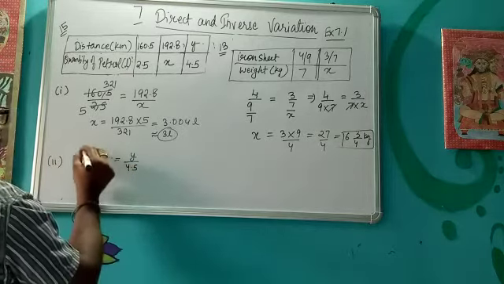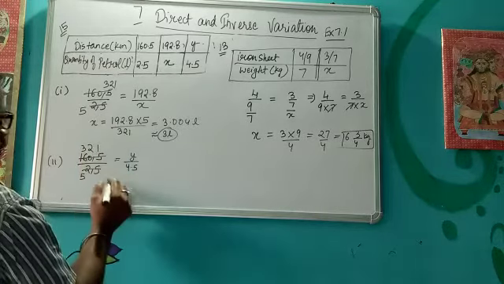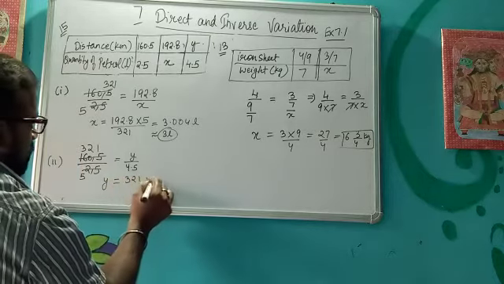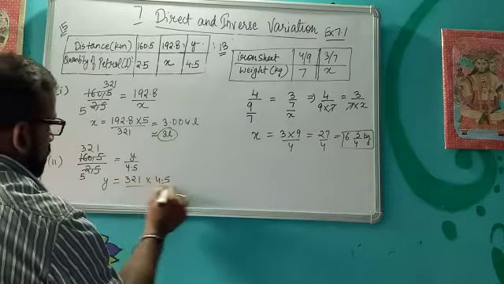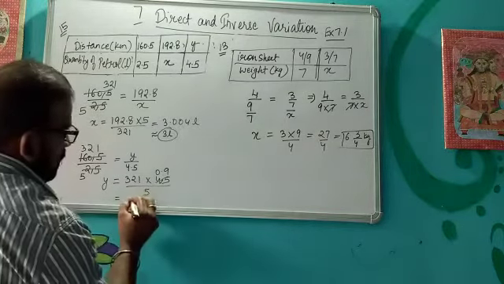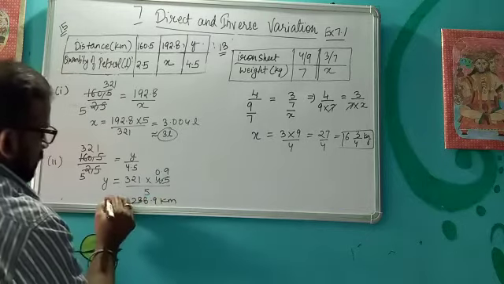So what is my y? Y is 321 into 4.5 upon 5. So my answer is 288.9 kilometers.